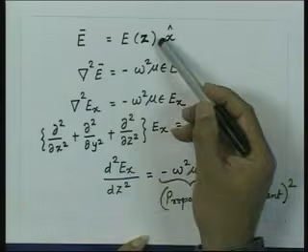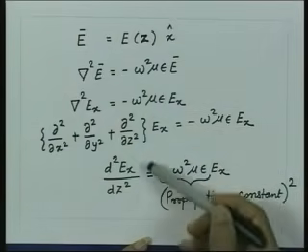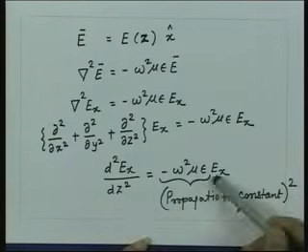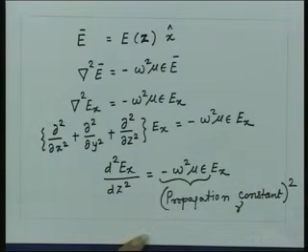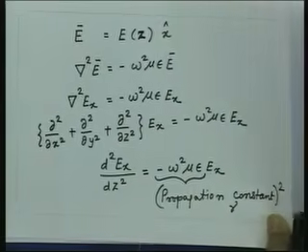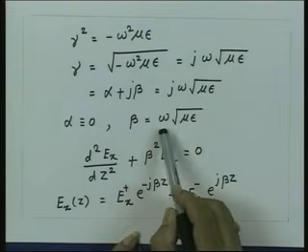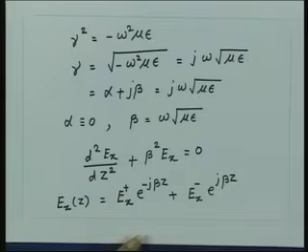Then substituting this electric field in the wave equation, essentially we got a one dimensional equation which was identical to the transmission line equation, and then we defined the propagation constant, which in this case was purely imaginary. So, we got only the phase constant, beta, that is the same as omega square root mu epsilon.